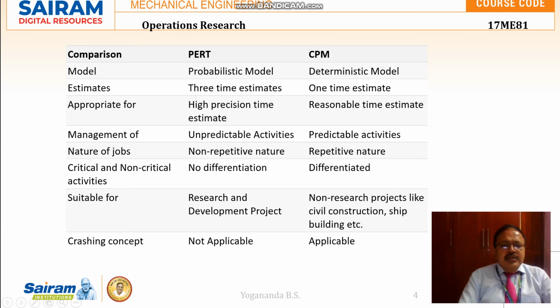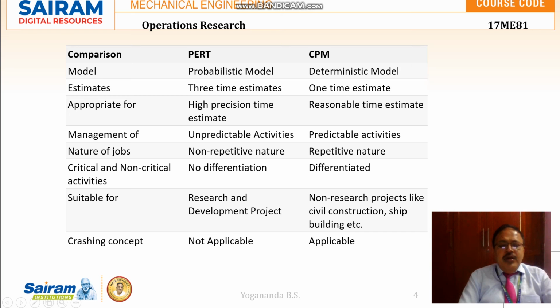If we can take the activities in a relaxed mood, so that even if some time delay happens with these activities it does not hamper the project completion time, such activities are called non-critical activities.